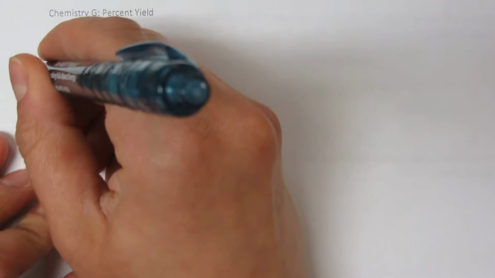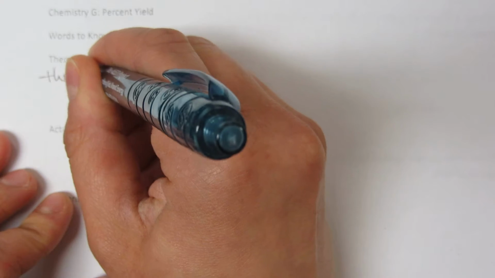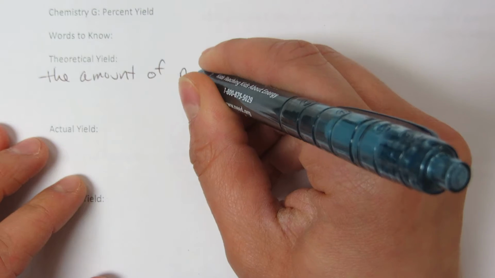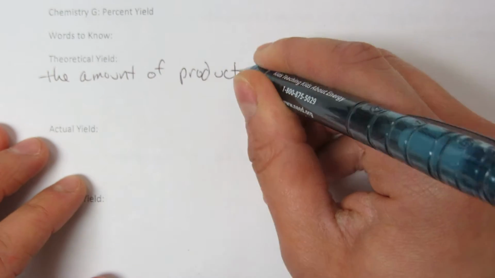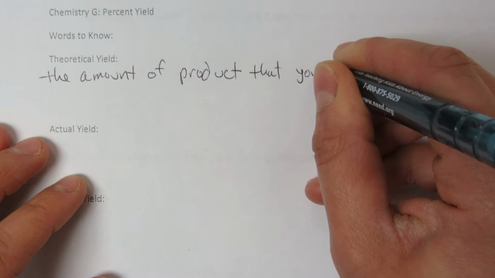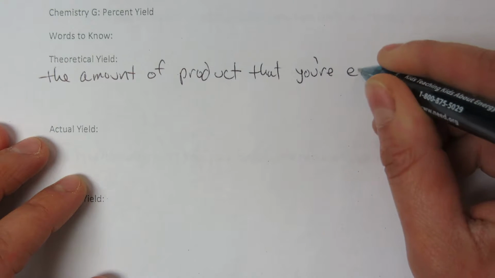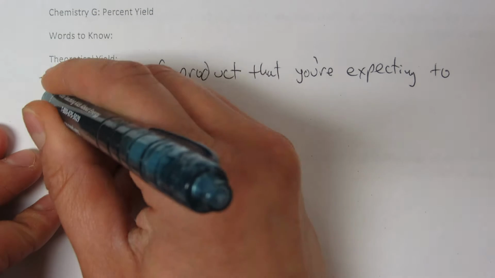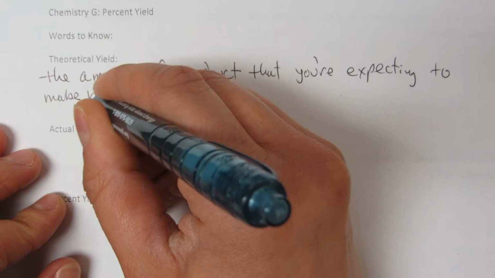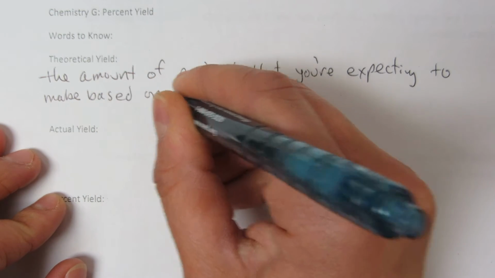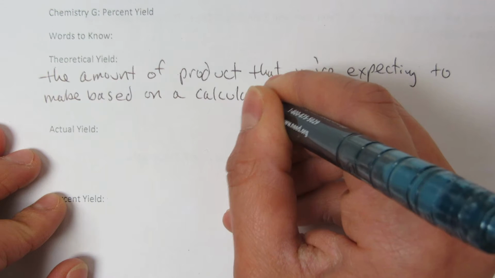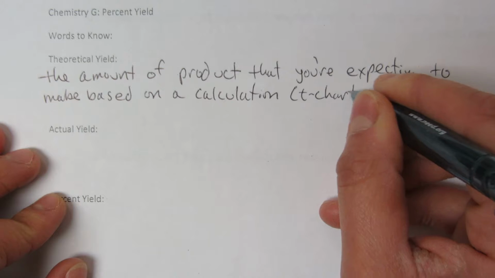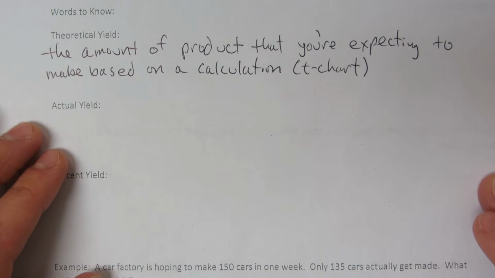The theoretical yield is the amount of product that you're expecting to make based on a calculation. So that would be the answer you get from a T-chart. If you put a certain amount in, how much you're going to get out.